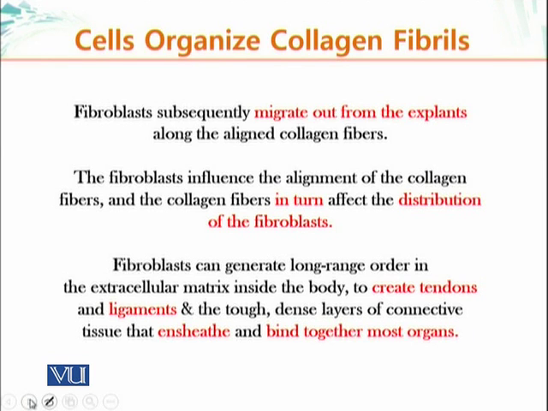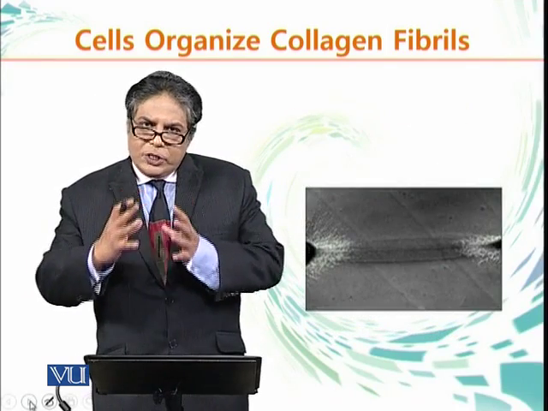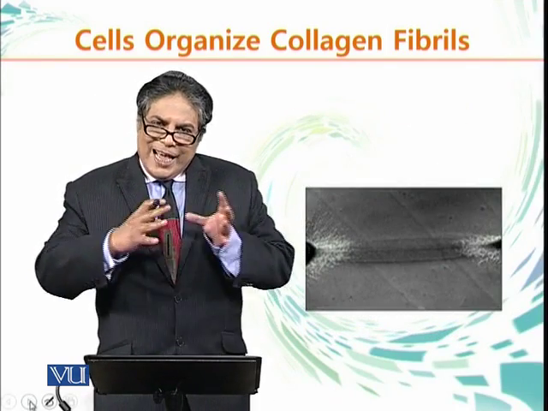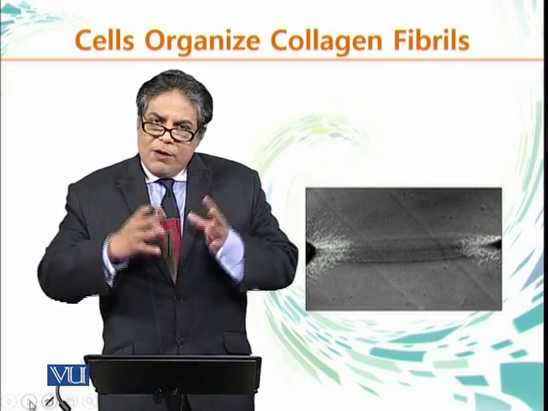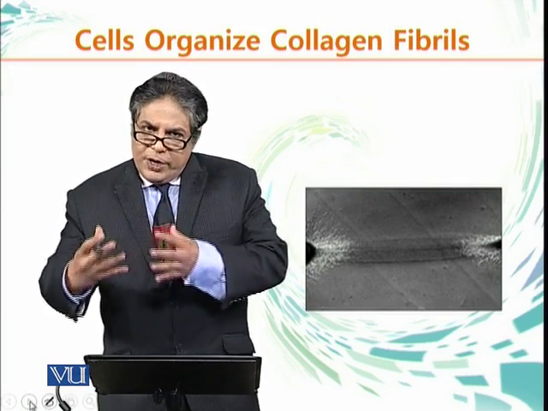Fibroblasts can generate long-range order in extracellular matrix inside the body to create tendons, ligaments, and also tough, dense layers of connective tissue that can ensheath and bind most of the organs. So what we have seen is that there is a two-way relationship between collagen and the cells, fibroblasts. First of all, fibroblasts secrete collagen.